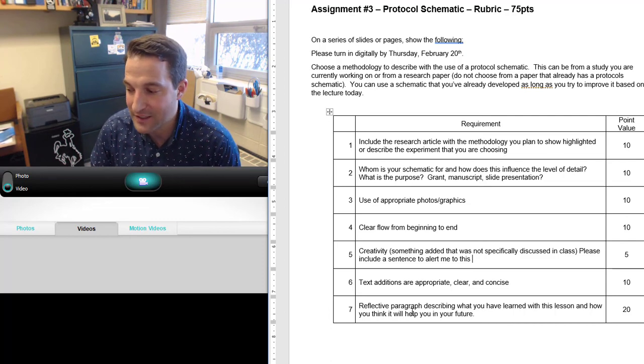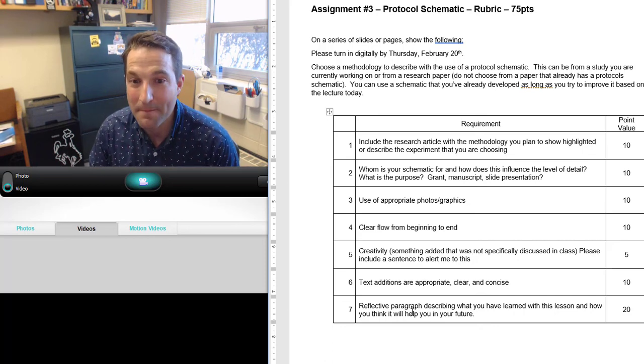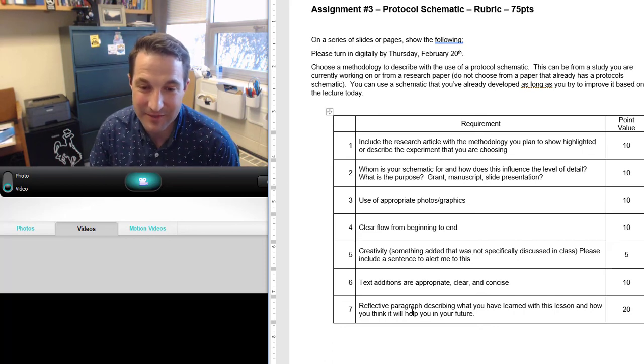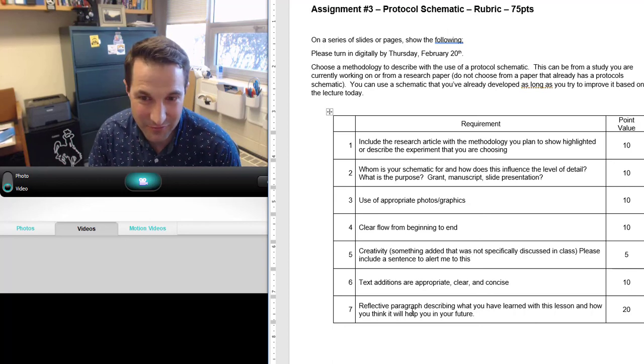A good protocol schematic is not going to get your paper accepted into New England Journal of Medicine. Sorry. But a bad protocol schematic is something that can get your paper rejected in the first place.